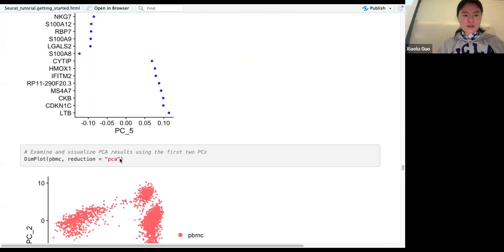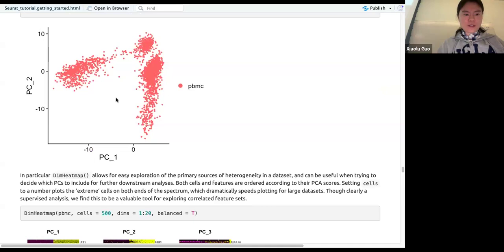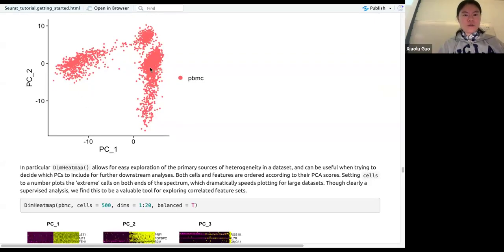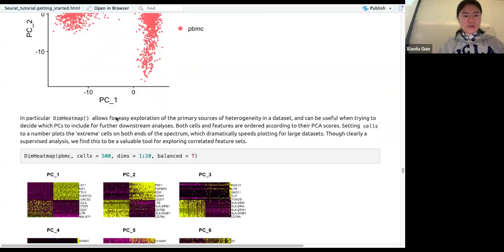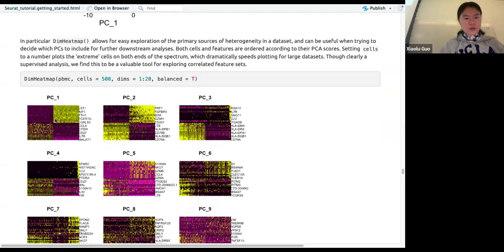Also we can plot the data within a two-dimension space, for all the genes on PC1, PC2. And we can also see, for the PC1 related genes, what's the cell expression pattern here.